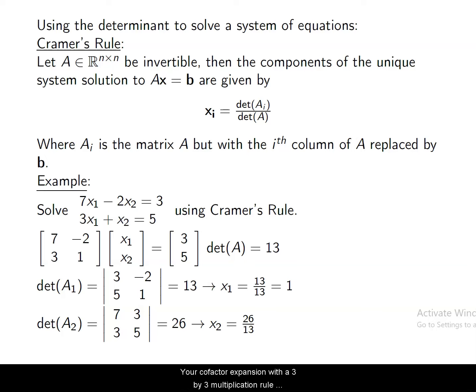You can reduce down to a triangular matrix using your row operations, and then use that method where you're multiplying the diagonal but keeping track of your row operations. That might be faster sometimes than trying to do 3 or 4 different sets of cofactor expansions, depending on what your values are, right?